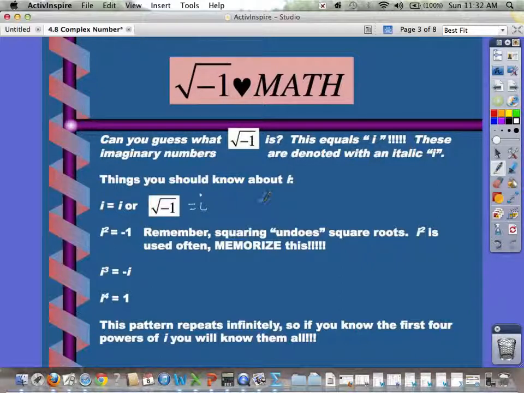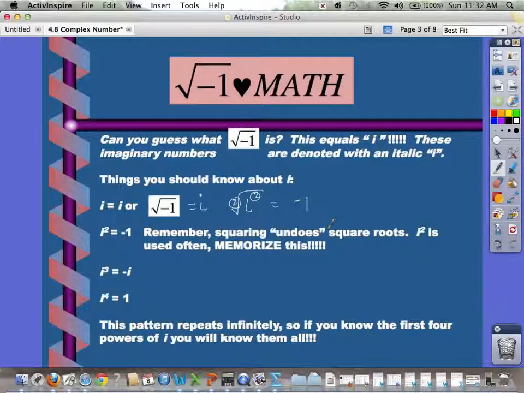Because if you square this, it undoes the square root. Let me just show you. i squared, taking the square root would just mean that it's going to be -1. Okay, these undo each other, remember.